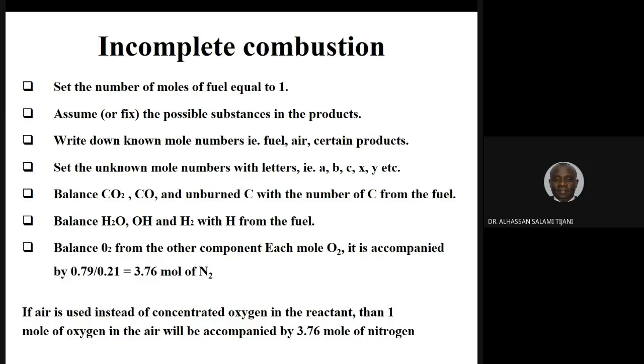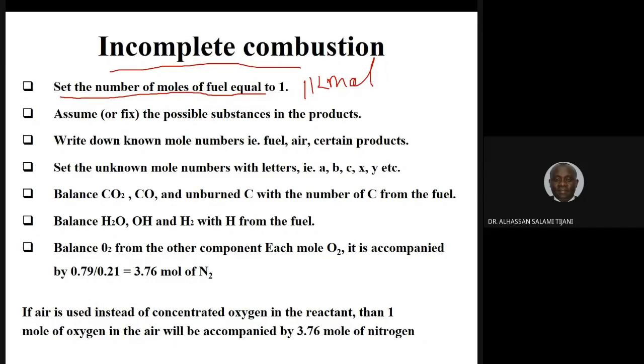All right? So now, what are the conditions for incomplete combustion, or how to balance the equation? First thing is to set the number of moles of the fuel to be equal to 1 kilomole. Okay, the number of moles of the fuel should be set to 1 kilomole. That is for the balancing of the equation.